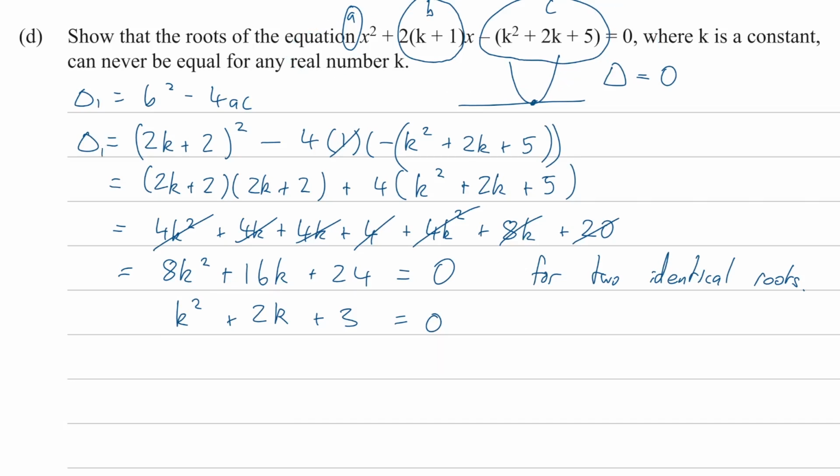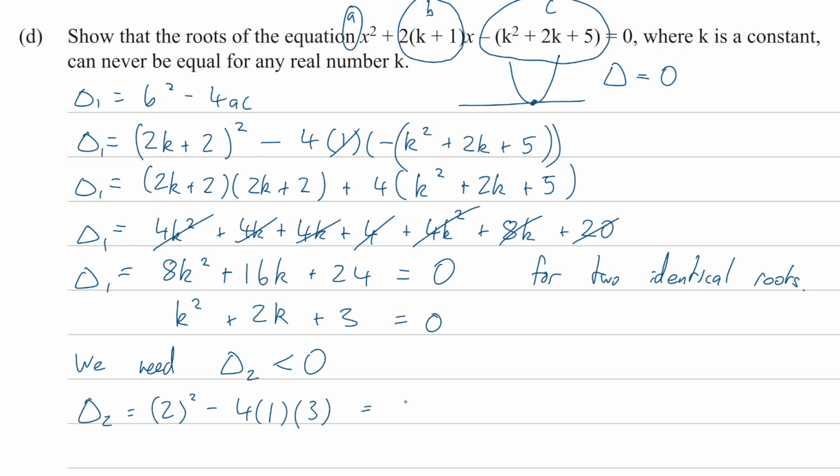So let's call that first one discriminant 1. Now we need discriminant 2 to be negative, where discriminant 2 is b squared minus 4ac of this quadratic. So b is 2, minus 4 times a is 1, times c is positive 3, which is 4 minus 12, which is minus 8.